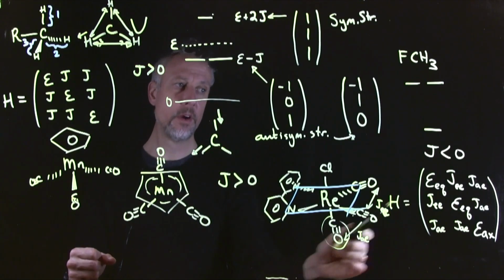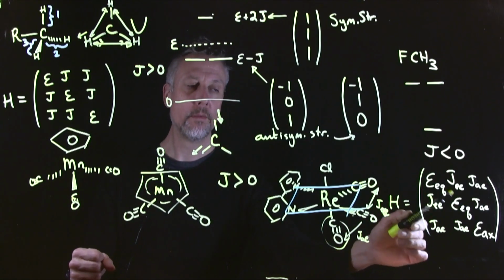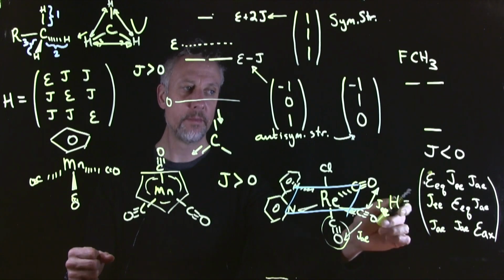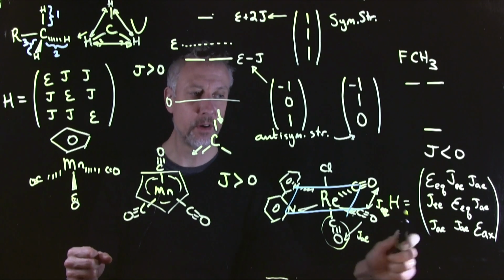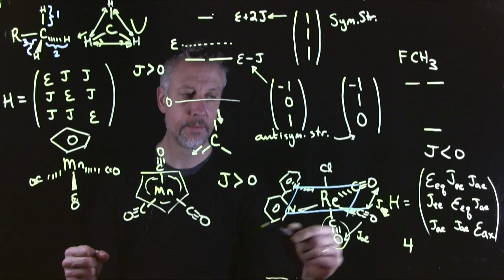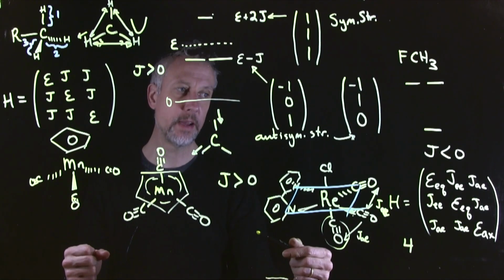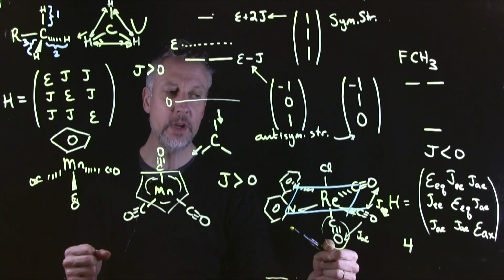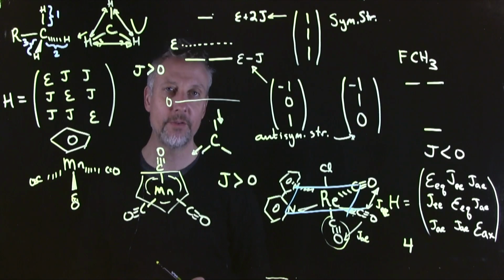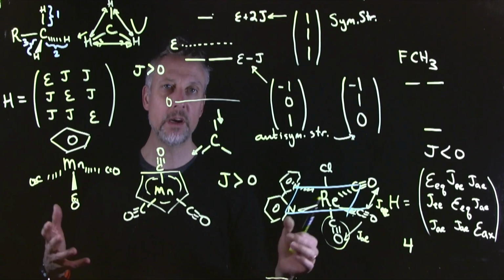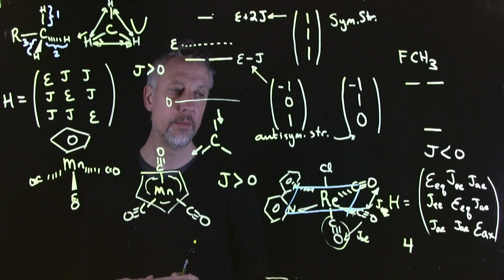So now I have two what we might call site energy types, and I also have two coupling terms. So the total number of parameters is 4. How many frequencies am I going to get out? I'm only going to get out 3. All right, so in some sense, I have maybe too many parameters. So I have 4 parameters and only 3 things that I can compare to experiment or to some kind of measurement.